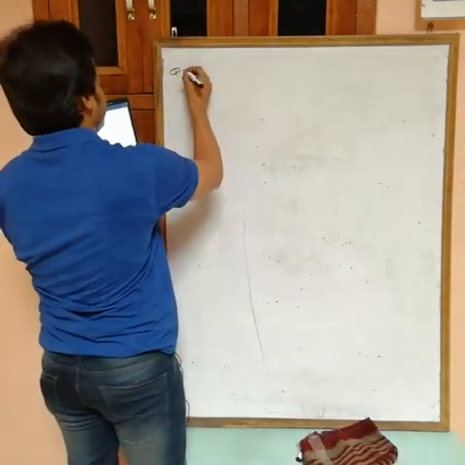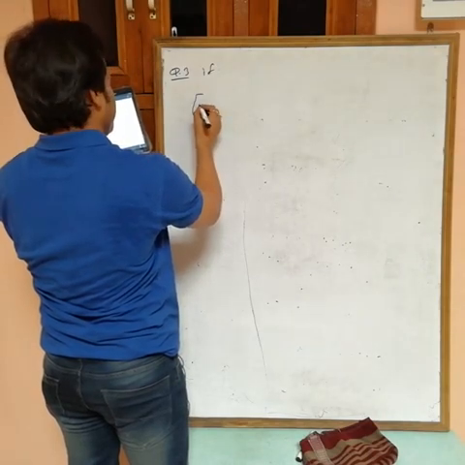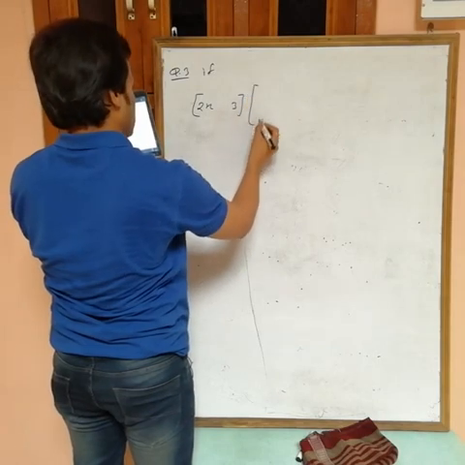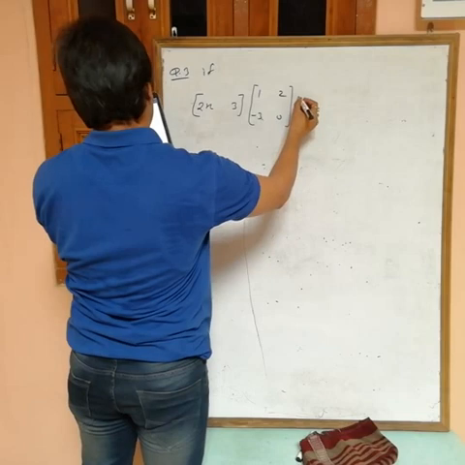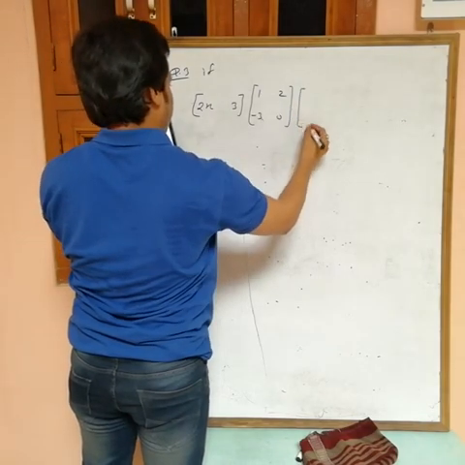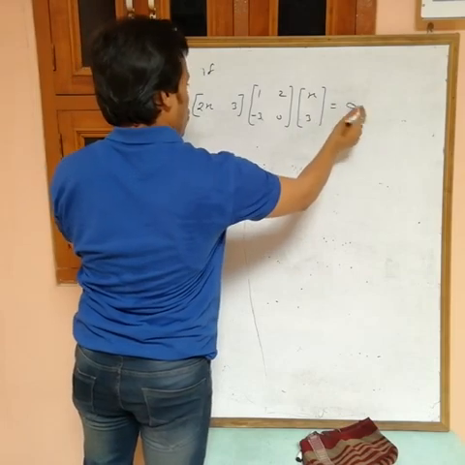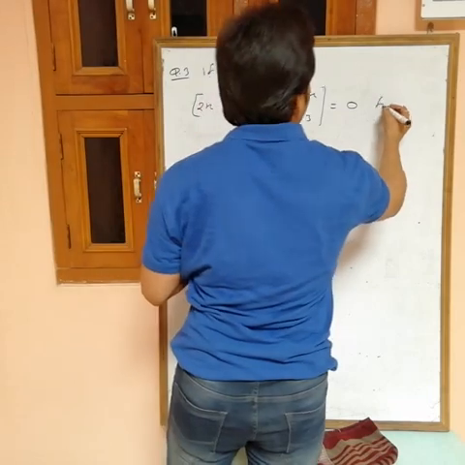Again, write a question. If the product of these three matrices, 2x3 [1, 2, -3, 0] and [x, 3], equals O, a null matrix, then find x.